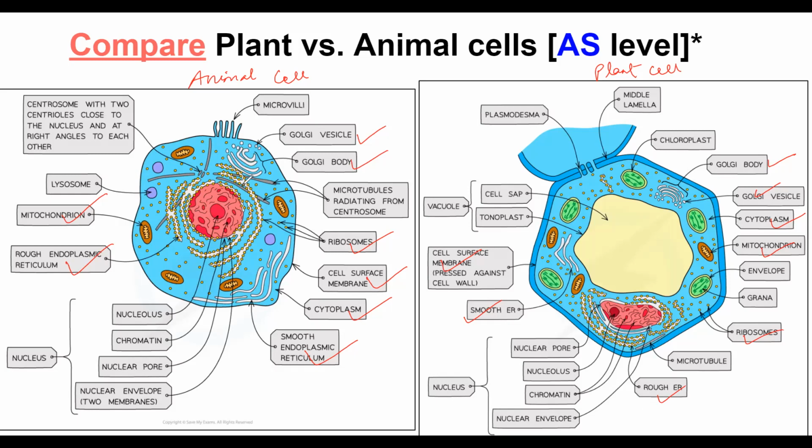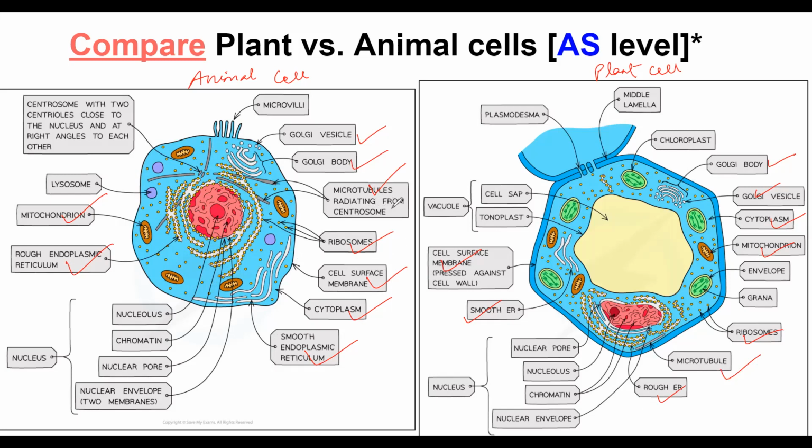Then we have microtubules which emerge from the centrioles and centrosomes. These microtubules not only help the cell in cell division, they also help in building the cytoskeleton framework, which gives the cell its tracks so that organelles can move around. Now, these microtubules are found both in plants and animals.